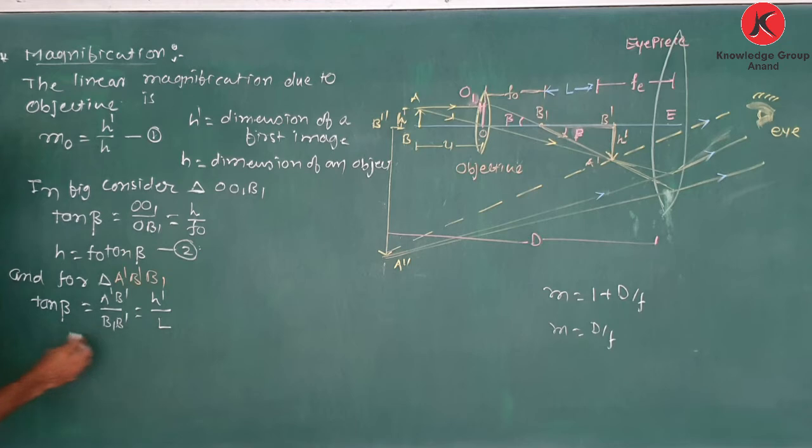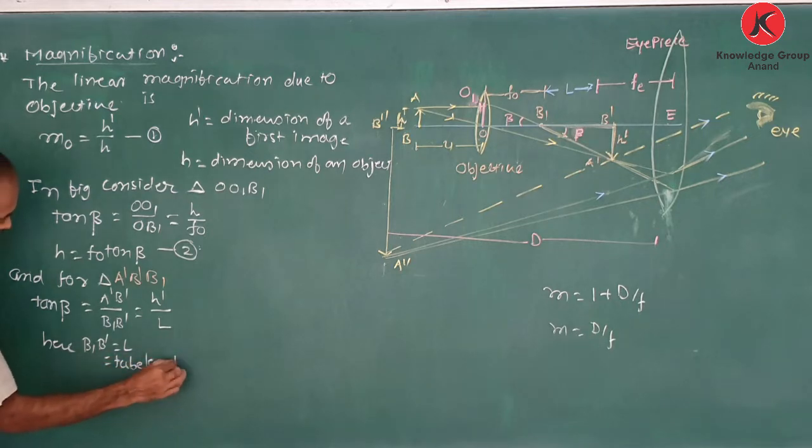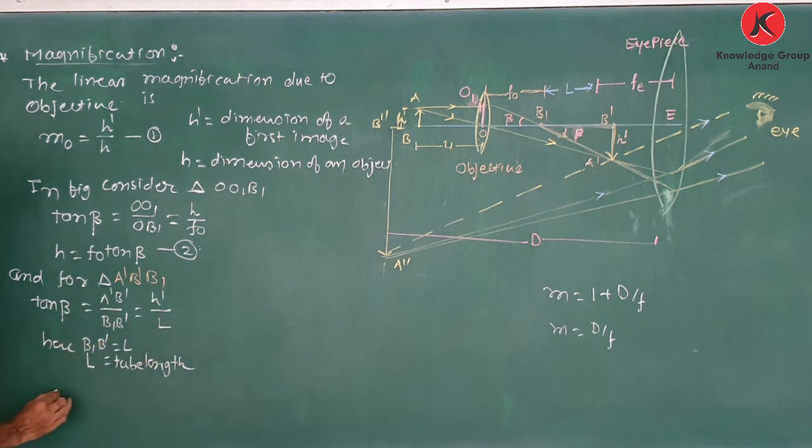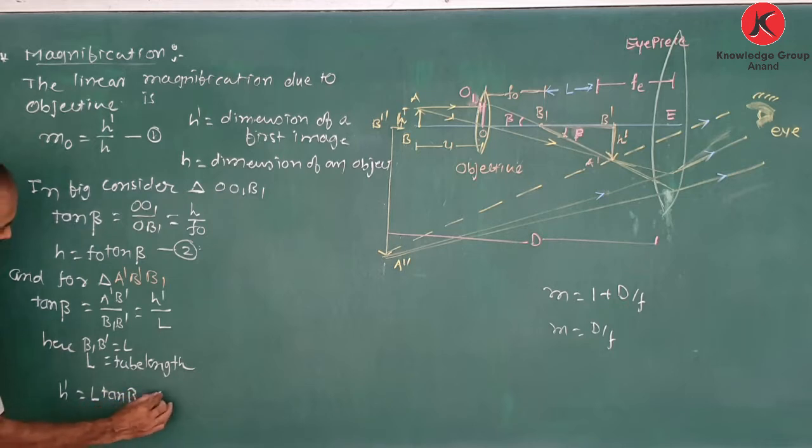That is there. Here B1B' is equal to L, the tube length. Therefore, H' is equal to L tan beta. Equation number 3.